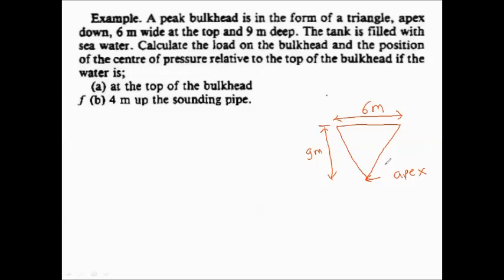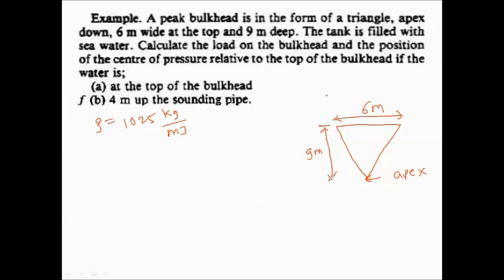The tank is filled with seawater. The density will be 1025 kg per meter cube. Calculate the load on the bulkhead and the position of center of pressure relative to the top of the bulkhead.